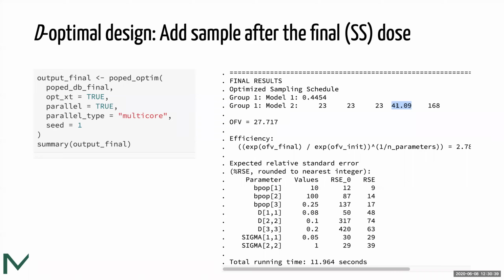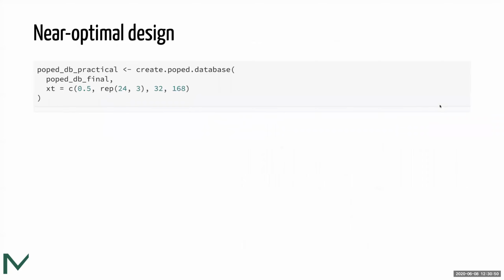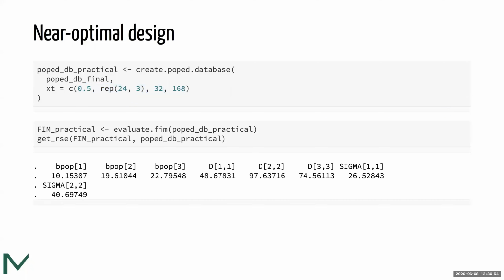Again, this is in the terminal phase. We're not expecting this to change the estimates that much. So we're going to assume that we have a lot of leeway and see what happens. We'll leave that last sample at 1 week. So we set up the sampling times as I described, and let's evaluate that design. So our standard errors have crept up a little bit since this is no longer optimal, but we're probably in a reasonable area.